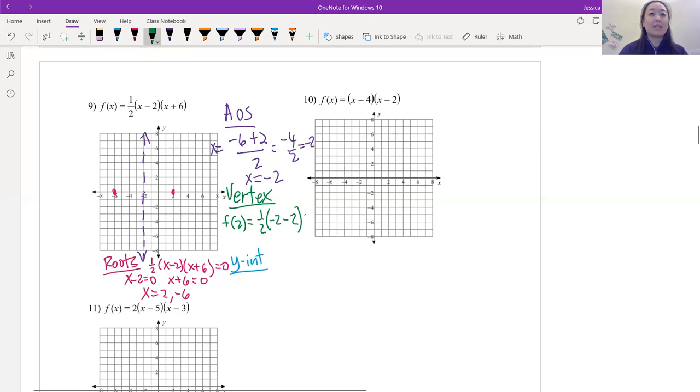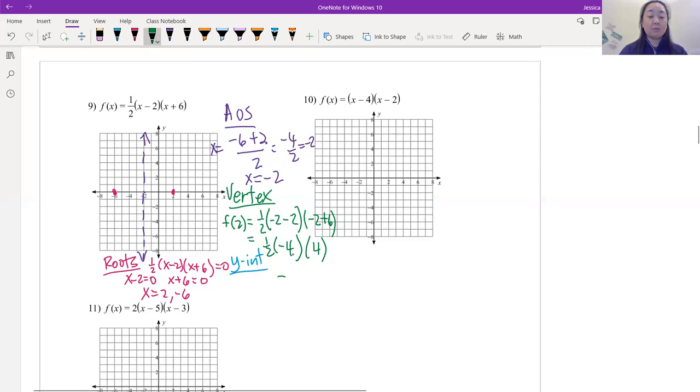Oops, sorry. Do you see how it's just a negative, but it makes a huge difference? So we got 1/2, then negative 2 minus 2, that's negative 4, and negative 2 plus 6 is positive 4. So I know my whole answer is going to be negative because I only have one negative here.